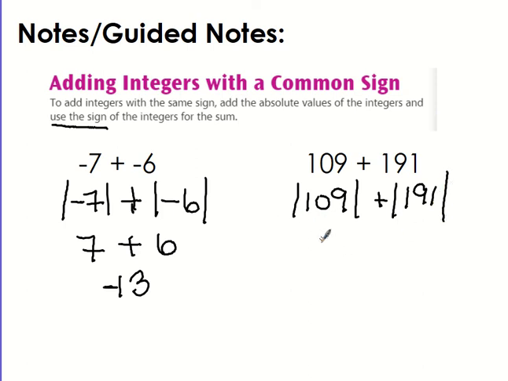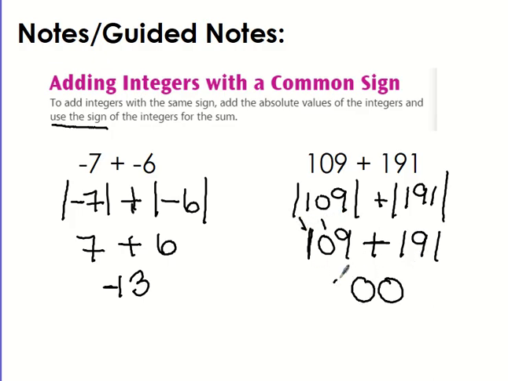The distance 109 is from 0 is 109, and the distance 191 is from 0 is 191. And then we add them together. 9, 10, carry, 9, 10, carry, 300. These are both positive. We use their sign, so this stays positive. So our answer is just 300.